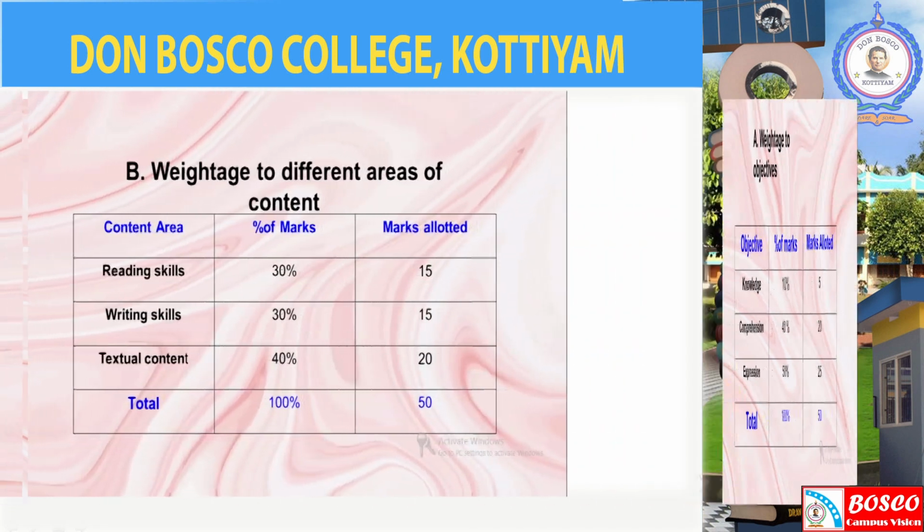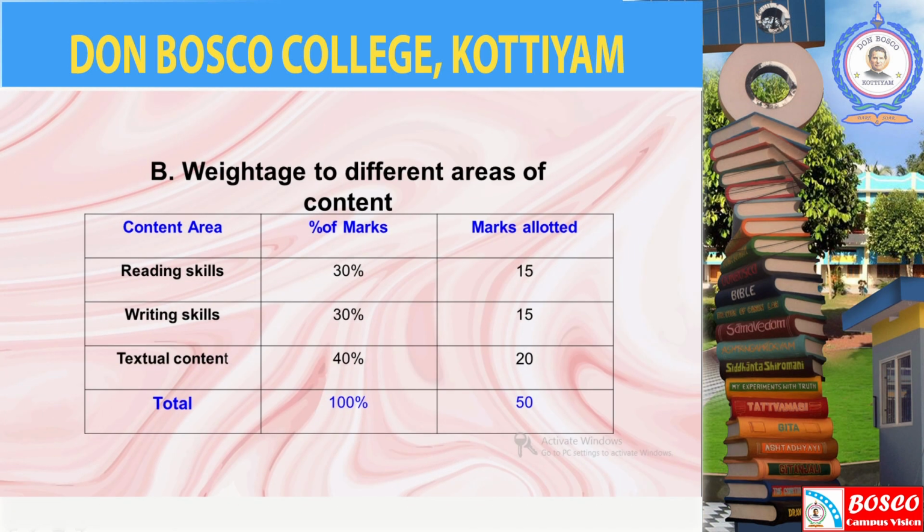Second thing is, you must give weightage to different areas of content. When you prepare a lesson plan, it is usual that you mention the specific objective of a particular chapter. So while preparing a question paper, you must give weightage to different content areas. I am taking an example, as you see in this slide, for a 50-mark question paper.